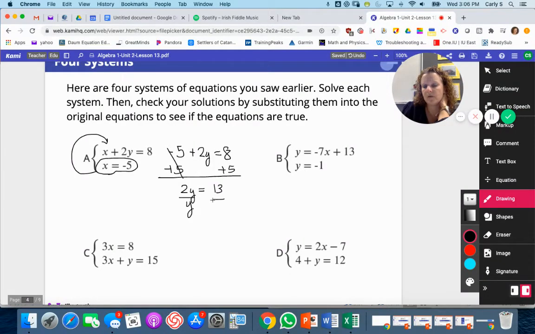Divide by 2. And we're left with y equals 13/2. And I'm just going to leave it like that. It can't be simplified. So it's really no big deal if I put it in a decimal form or in a reduced fraction form. It just doesn't quite matter.